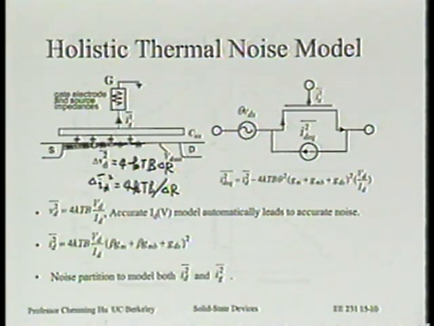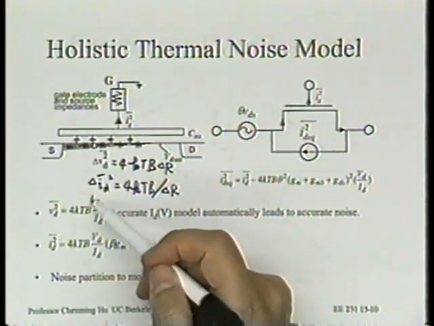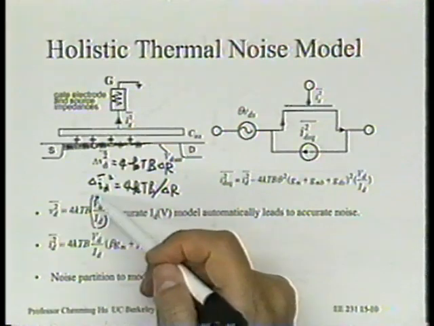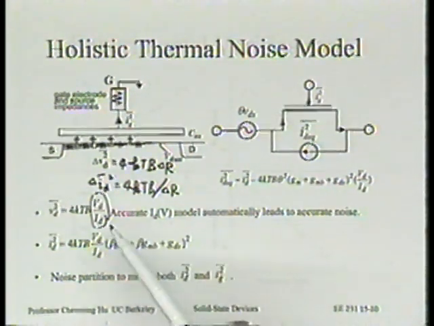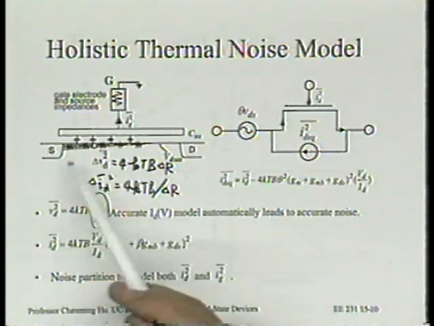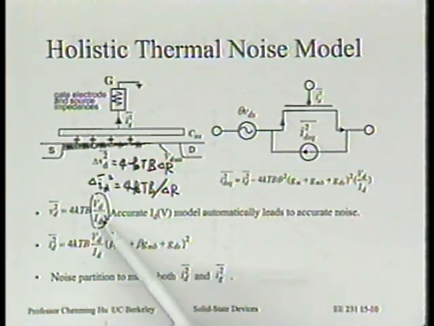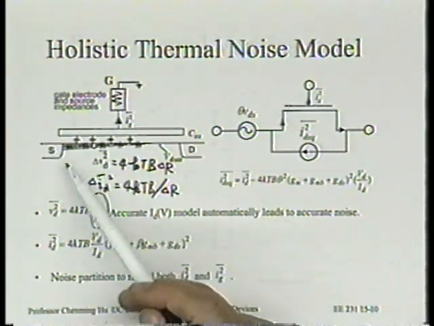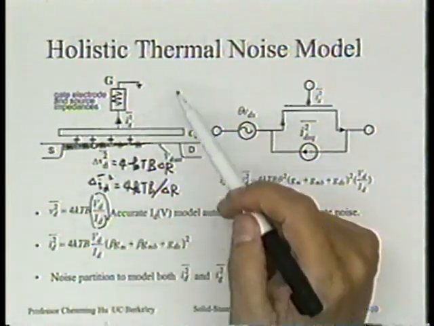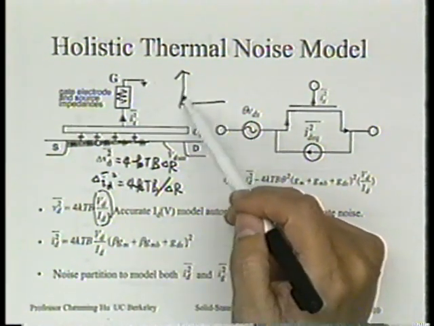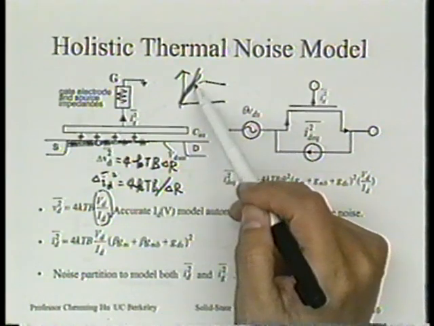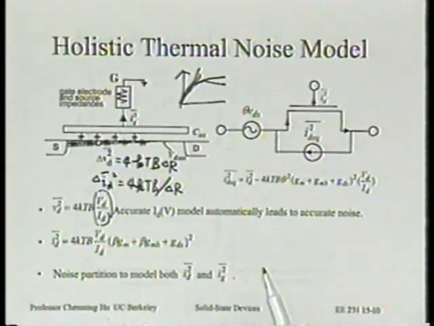No ifs and buts. I tell you, in the literature, there's been lots of debate about whether one should use DC impedance or AC impedance in the noise. Some people even think it should be gm. Other people say you should use the linear region of ID versus VD, just the slope. Those of you who have studied RF or thermal noise know what I'm talking about.